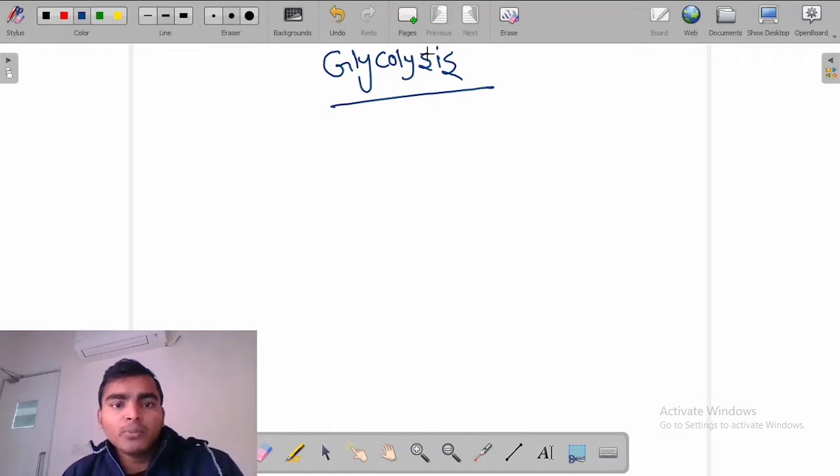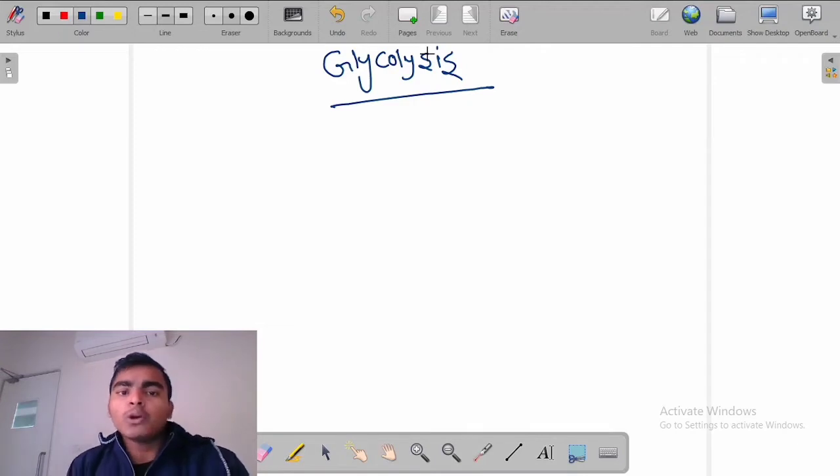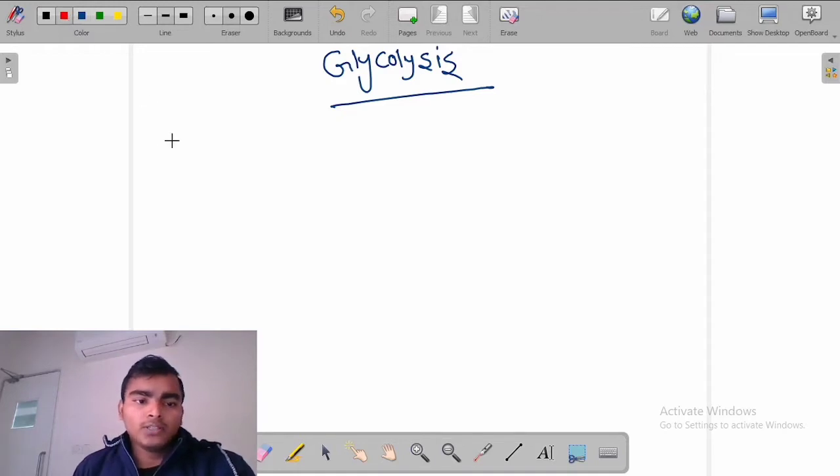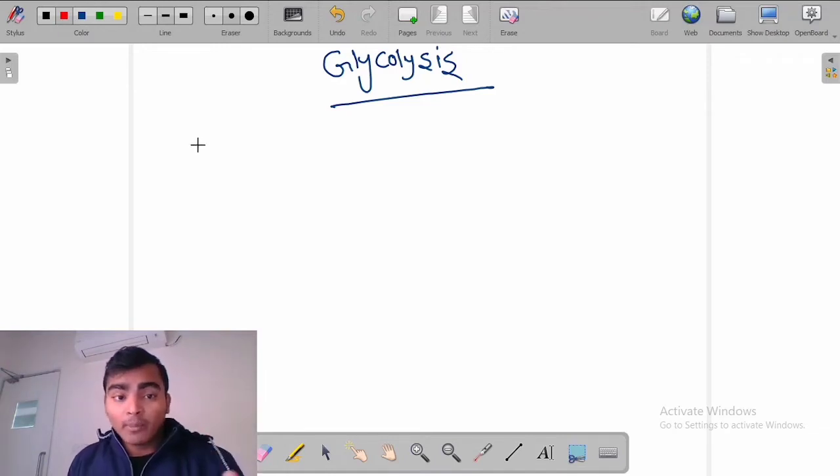When it is broken down, two molecules of 3-carbon compound, that is pyruvate, are produced. So one glucose molecule is broken down into two molecules of pyruvate. That is what we are going to discuss today, and we will see each step of glycolysis one by one.